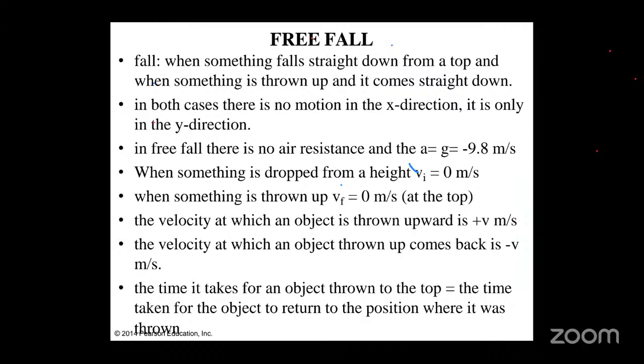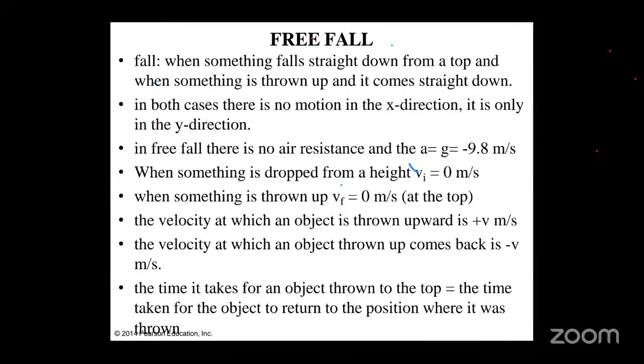The velocity at which an object is thrown upward is positive. And the velocity when the object comes back is negative. So if I throw an object up and it's positive, when the object is returning, falling down, it will be negative, because velocity is a vector quantity. Upward motion and downward motion will not have the same sign.